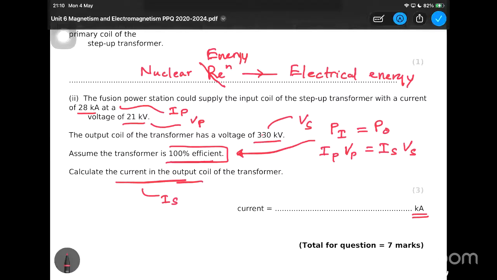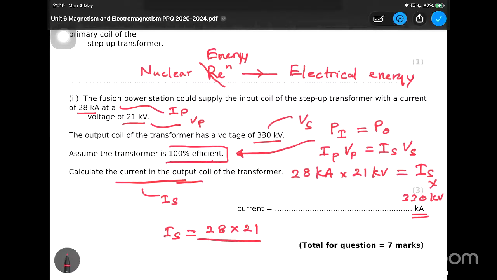So this is going to be 28 kiloamperes multiplied by the voltage 21 kilovolts, equals the I secondary value to be calculated multiplied by the voltage 330 kilovolts. So I secondary is going to be equal to 28 times 21 divided by 330. The answer will be given in kiloamperes.